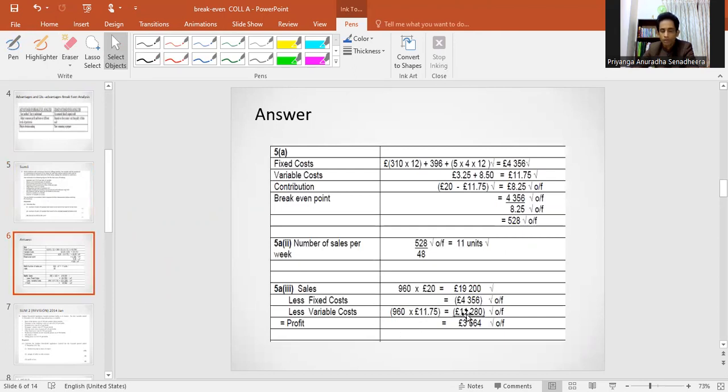So then you get the total variable cost amount, and then you deduct these two costs from the revenue. So then you get the profit of 3,564. So that's a profit for the organized business. I hope you understood that, and we are moving to the next slide.